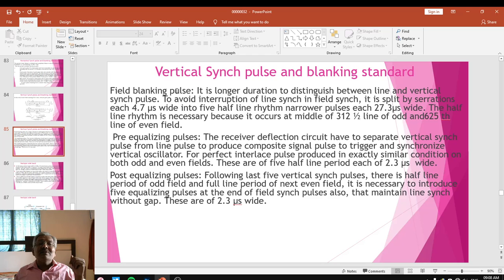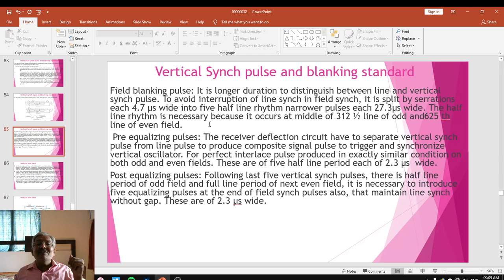Friends, as it contains the field blanking pulses, these are called serrated pulses, these are vertical sync pulses. It is of longer duration to distinguish between line and vertical sync pulse. To avoid the interruption of the line sync in a field sync, it is split by serration, each of 4.7 microseconds wide, into 5 half-line rhythm narrow pulses of 27.3 microseconds wide.